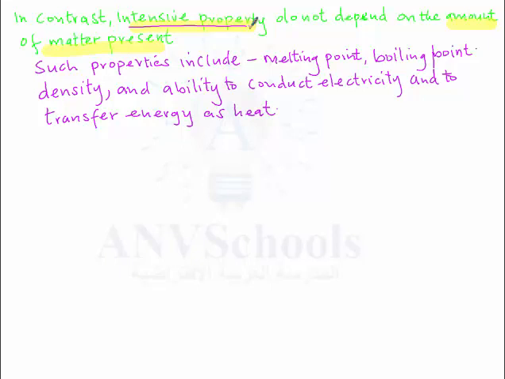So intensive properties are the same for a given substance regardless of how much of the substance is present. For example, if you took iron, which is a metal, it melts at 1538 degrees Celsius.